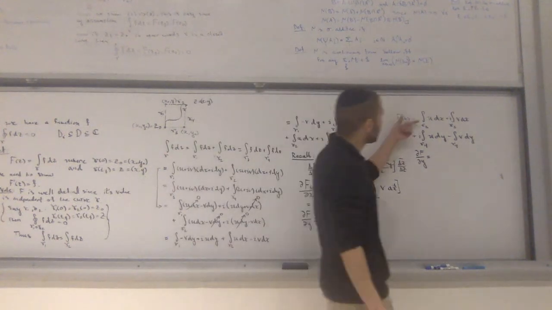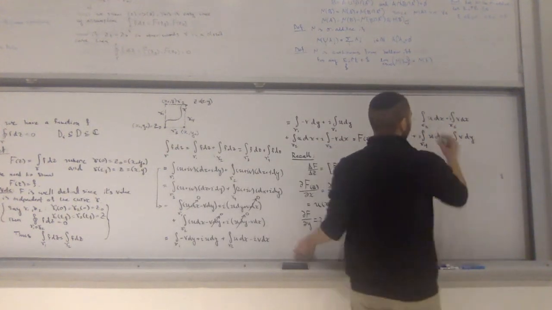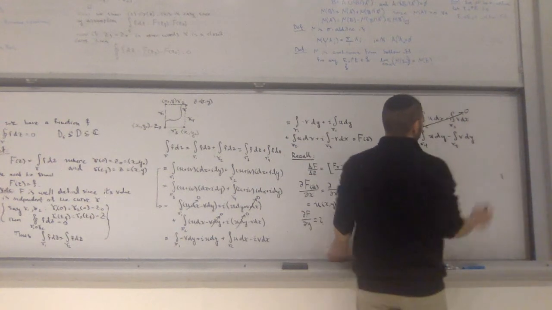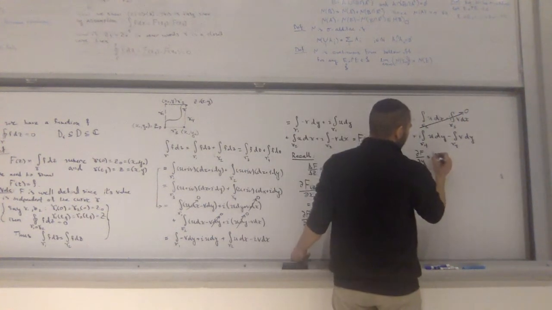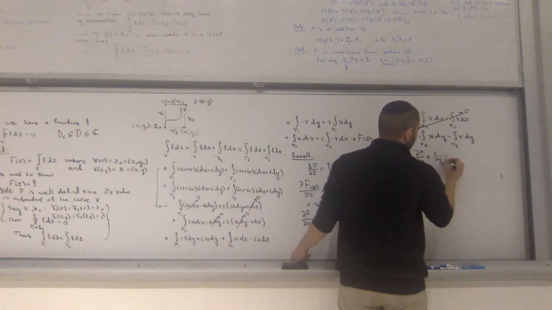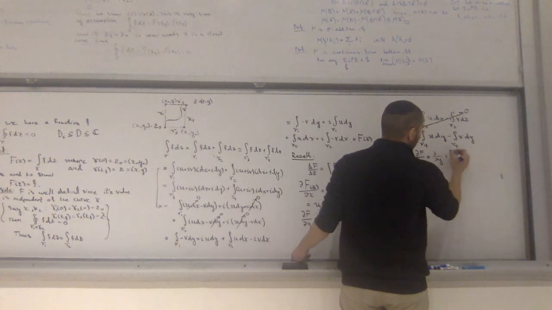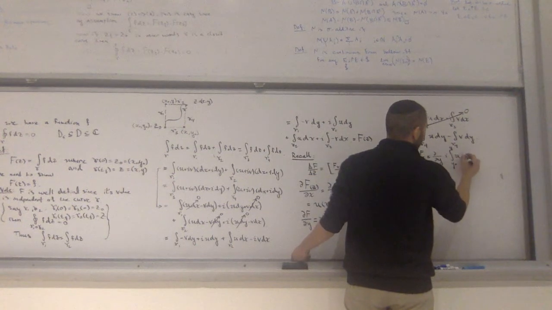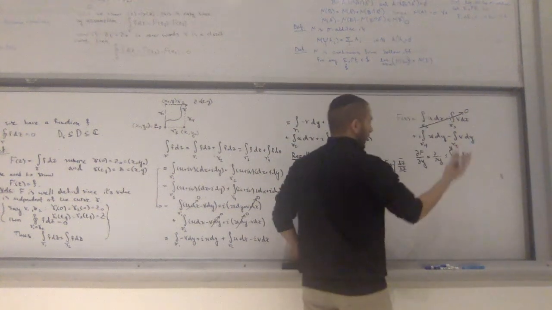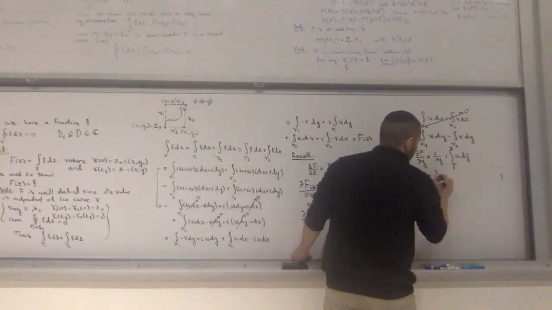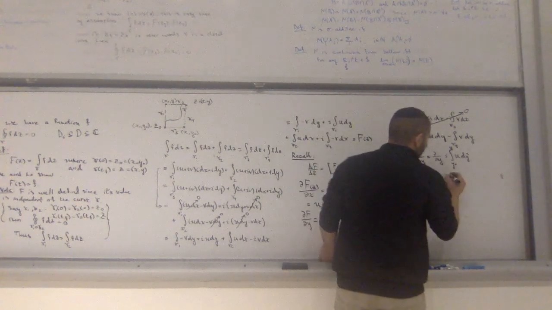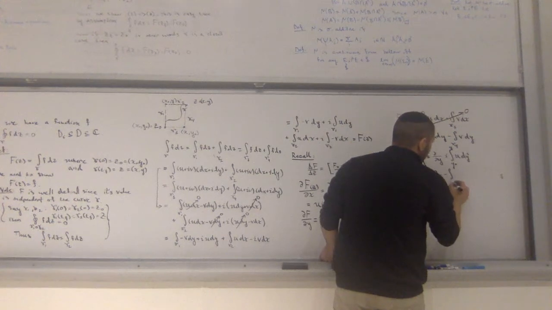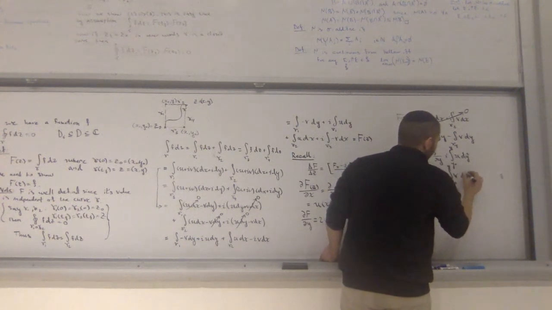So the first terms, the gamma 3 terms, are 0 with respect to y, and what we're left with is this. So this is the partial with respect to y of the integral from y naught to y of u dy hat, plus i times the negative integral from y naught to y of v dy hat.